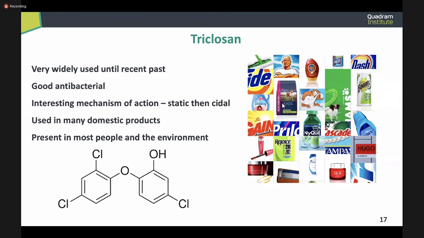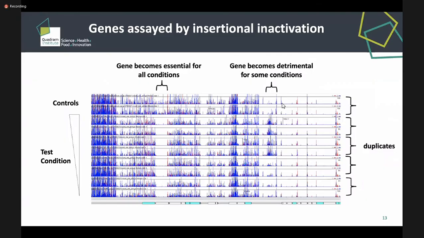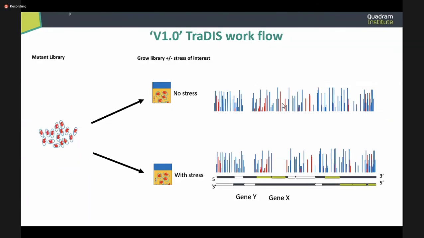We can find it out very easily through the stress conditions, as I have shown here. We can grow the library with stress and without stress, compare the genes that are required for the new chemical, and compare with the data available for the antibiotics.